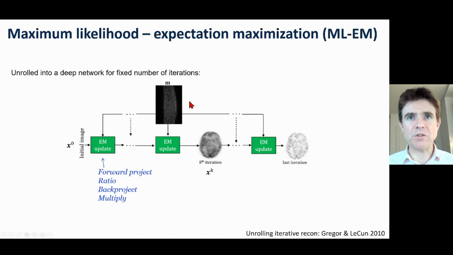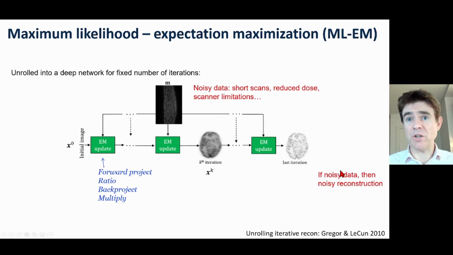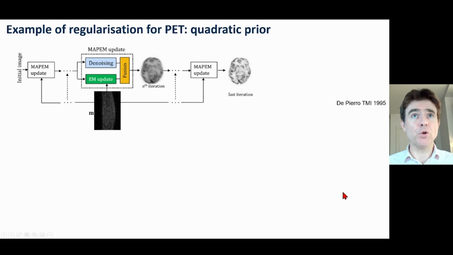Now, if we have noisy data, it should be no surprise, we get noisy reconstructions. And this here is known as unrolling an iterative reconstruction because we've explicitly shown many different updates here. And this concept was really by Gregor and LeCun from 2010, the idea of unrolling iterative methodologies. And so with noisy data, we get noisy reconstructions. What do we do about that?